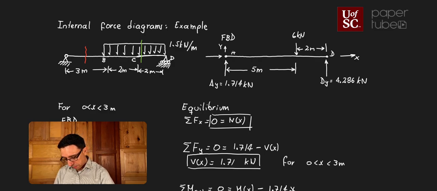All right, this diagram, I'm going to do something like this. Let me move this to the top and turn this off. Very good. In this case, I'm going to do a diagram where this is x, and I'm going to put here my normal force, as a function of x.